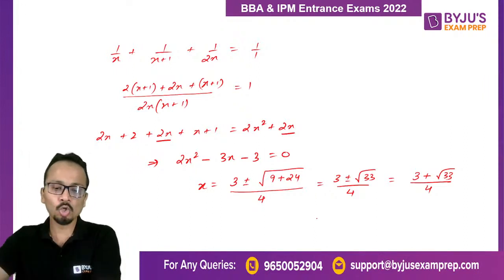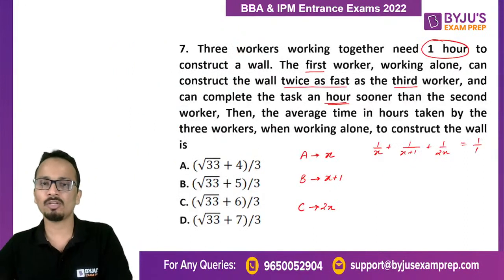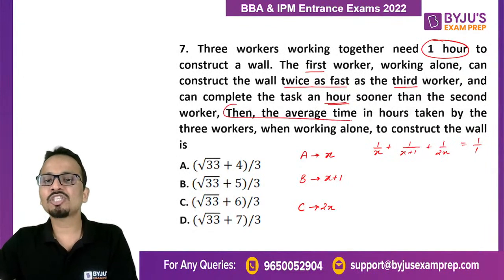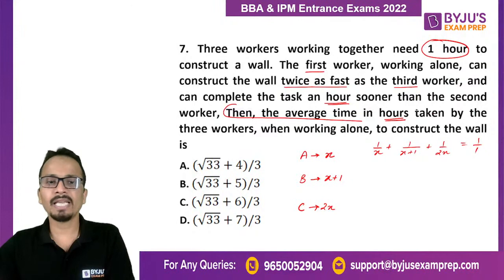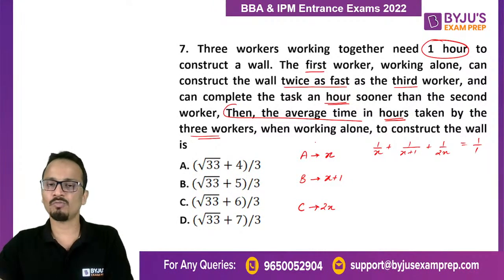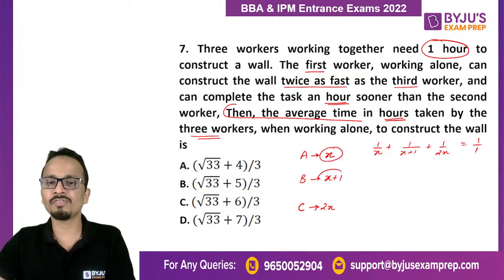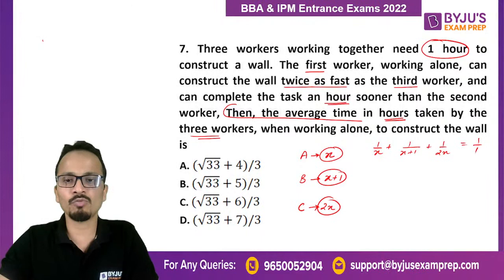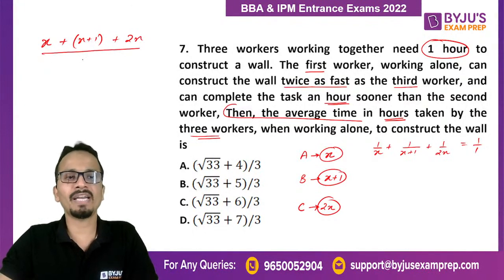Okay. Now let's go back and see what we have to calculate. We have to calculate the average time in hours taken by the three workers when working alone to construct the wall. So we have to find the average of these three. Looking at the left hand side, it will be x plus 1 plus 2x whole divided by 3.